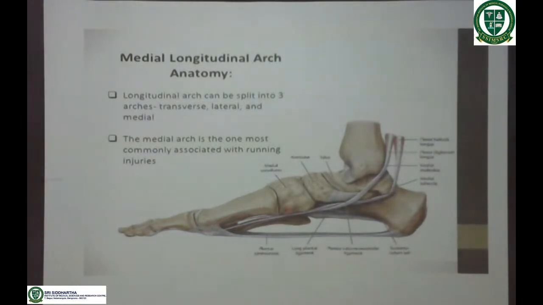So this arch, from posterior towards anterior at the head of the metatarsal, is the medial longitudinal arch. Like that, in the lateral aspect there is also a lateral longitudinal arch. Here in the middle there is a transverse arch. We will explain all those in detail. First we'll focus on the medial longitudinal arch.